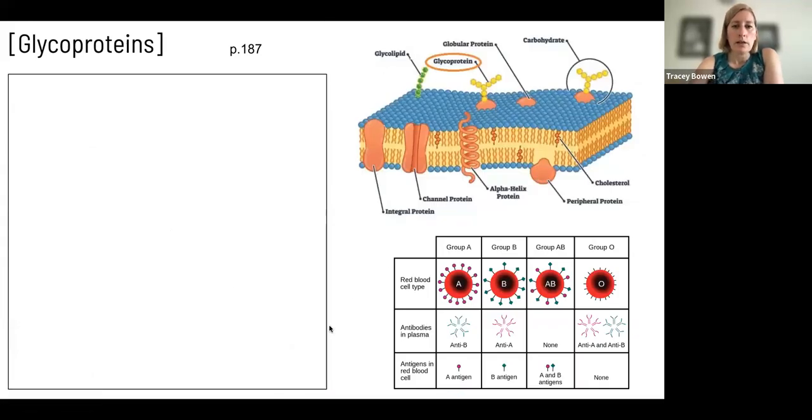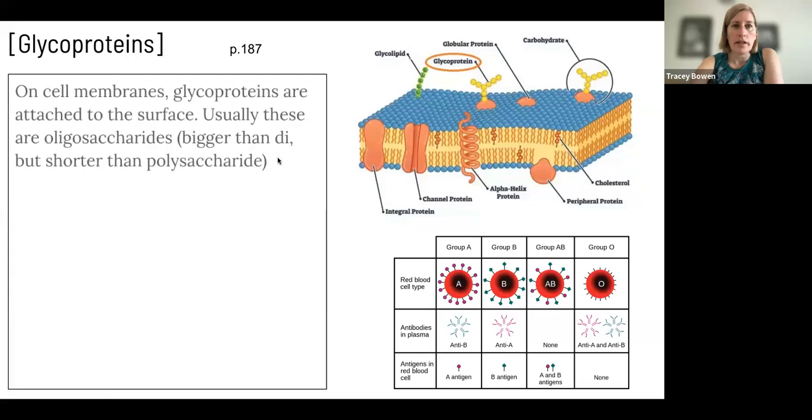Cell membranes have glycoproteins attached to the surface. Usually these are oligosaccharides, which are bigger than disaccharides but shorter than small polysaccharides. These are carbohydrates that are merged with amino acid protein structures.